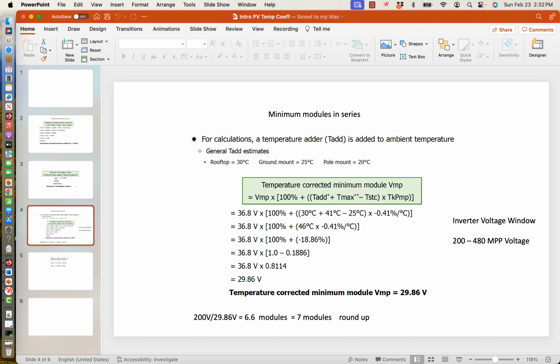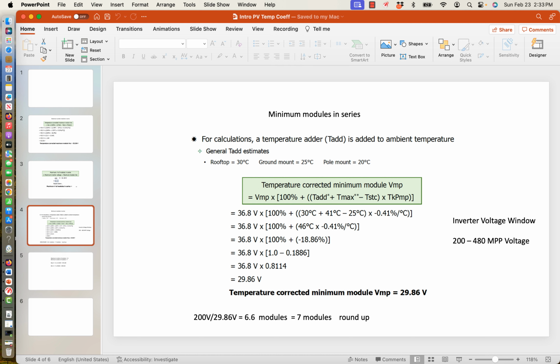And it's possible that we don't have enough voltage to even sustain the operations of the inverter during these hot times. Okay, so next up I'm going to add this to this. We're going to take 1.0 plus negative 0.1886, and we get 0.8114 as a result of that.